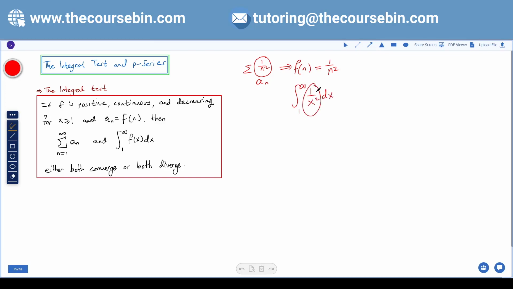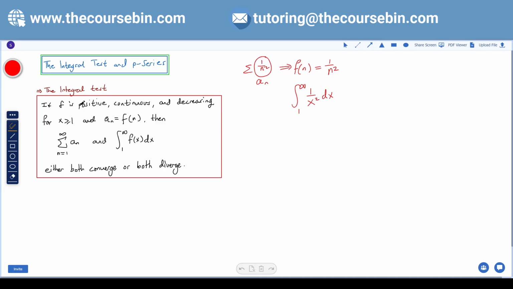You see how that works? You're converting it to a function and integrating that instead. If that improper integral converges, then the series also converges, and if the improper integral diverges, then the series also diverges. So they either both converge or both diverge.